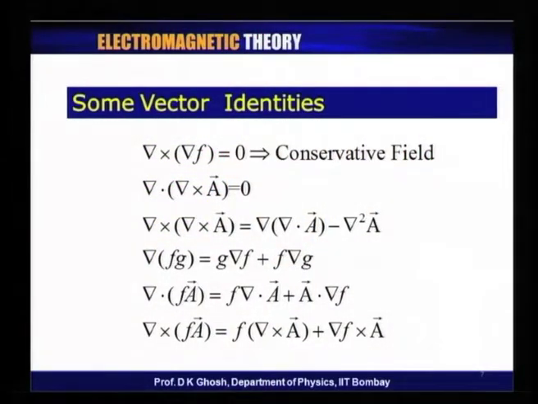Now, I know that del cross A is a vector, but it can be shown that the divergence of the curl of a vector function is equal to 0. You remember, we had said earlier that if the curl of a vector field is 0, the field is said to be irrotational.